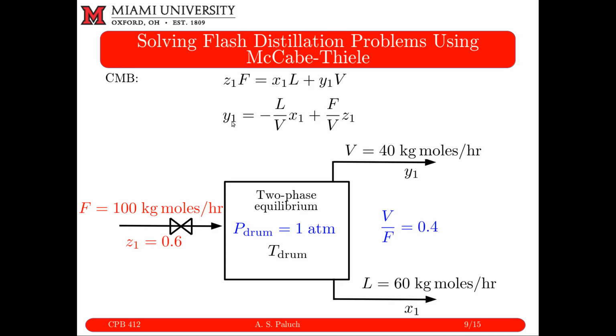I could plot this as a line on my y versus x McCabe-Thiele diagram, and this line would correspond to all y-x pairs that satisfy my mass balance. And where that line crosses the curve would correspond to the one y-x pair that simultaneously solves my mass balance and equilibrium relationship.